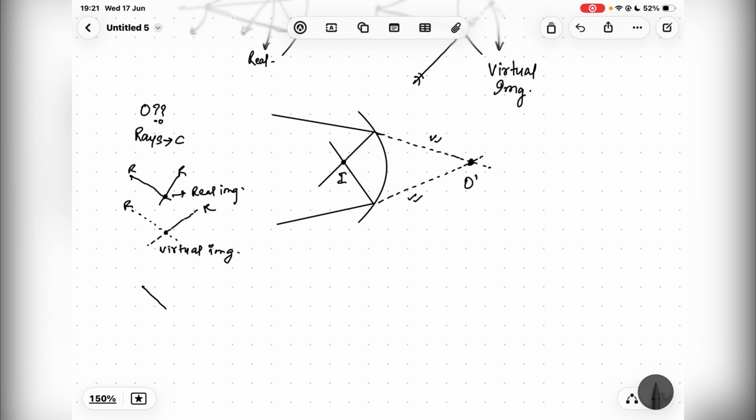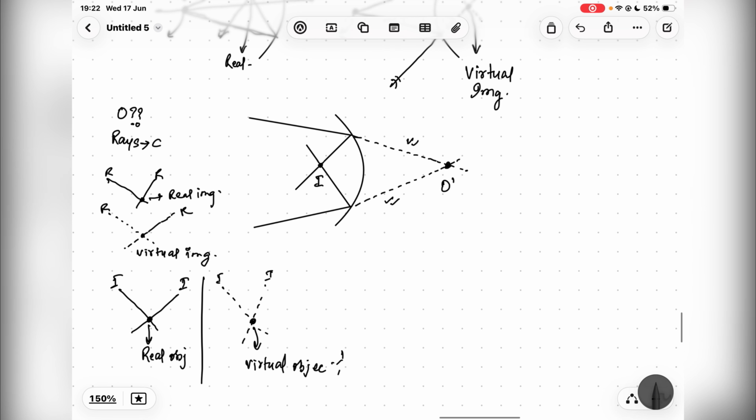What if an incident ray intersects? If a pure incident ray intersects, it will be a real object. And if its traced path intersects, then it will be a virtual object.